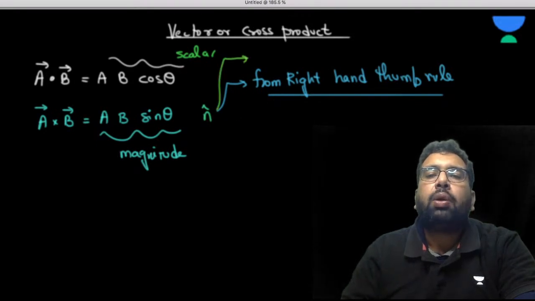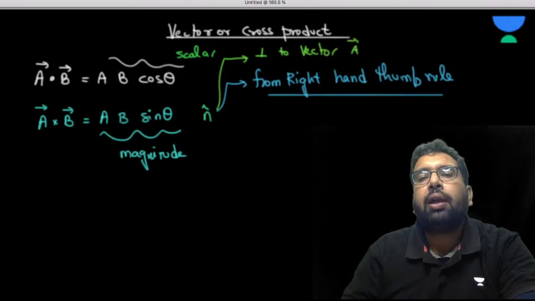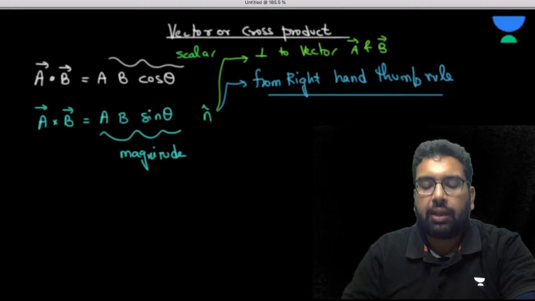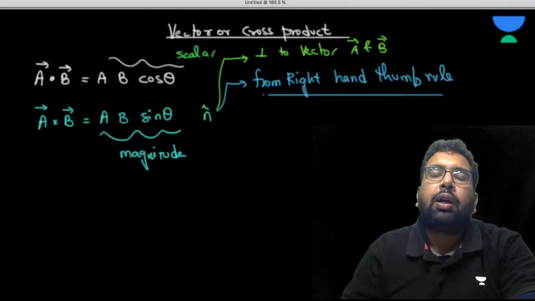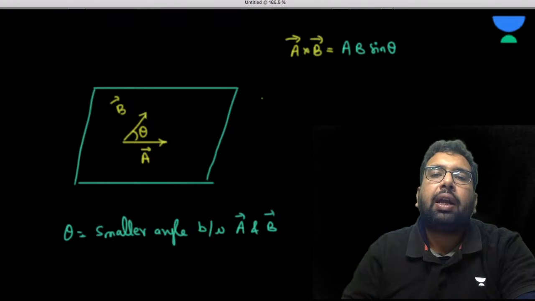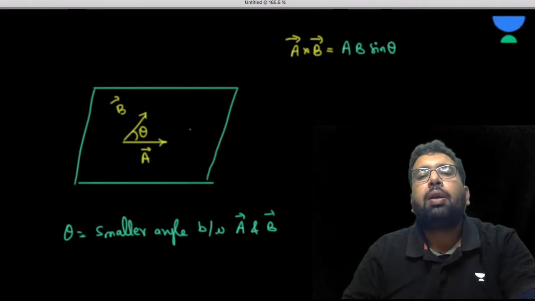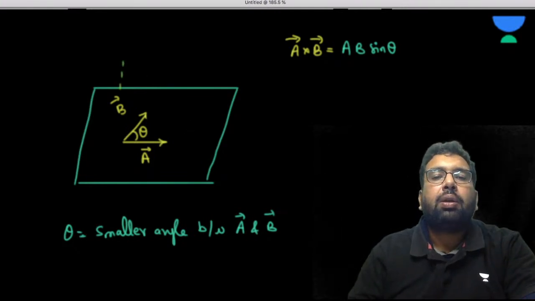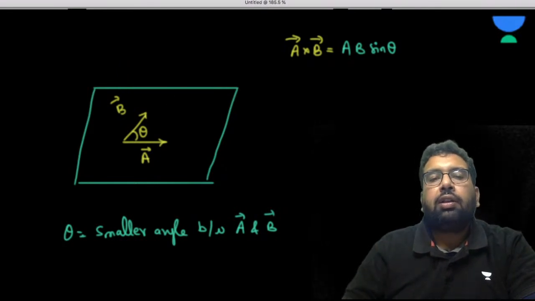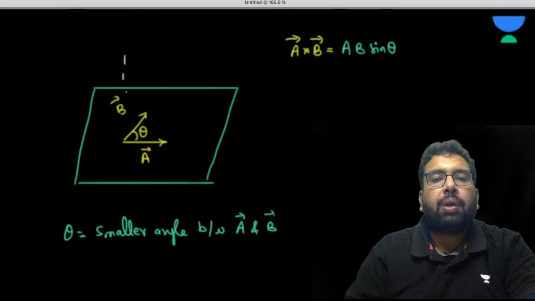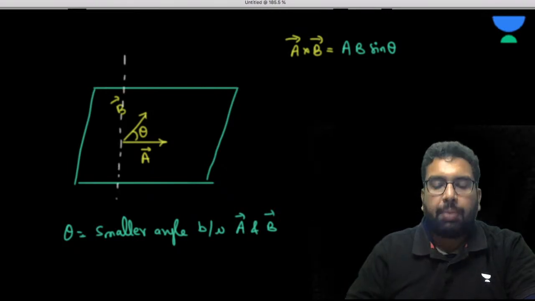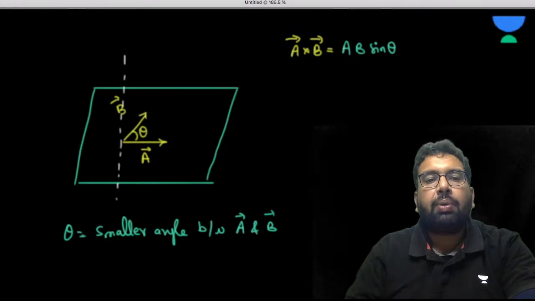Also one more important thing, that this is perpendicular to both vector A and B. So basically, it is in the plane which is perpendicular to the plane of vector A and vector B. If this is the vector, then the axis perpendicular to this vector is this axis. This vector can be in the upward direction or in the downward direction.